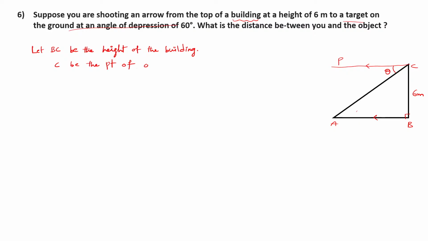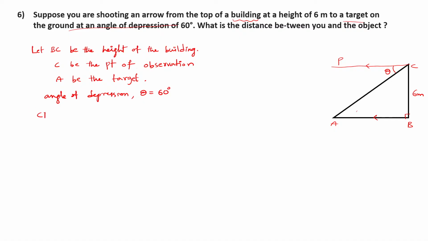From point C, the observation is happening. And let point A be the target. Now, since the target is on the ground, we have the angle of depression, that is theta equals 60 degrees.